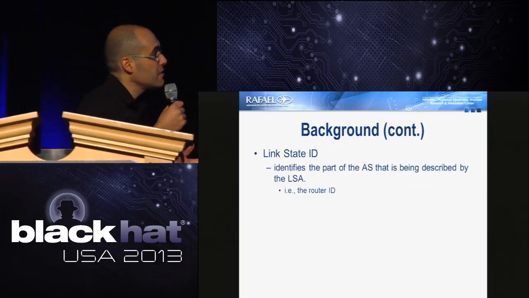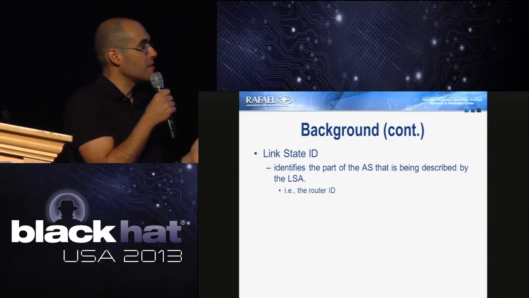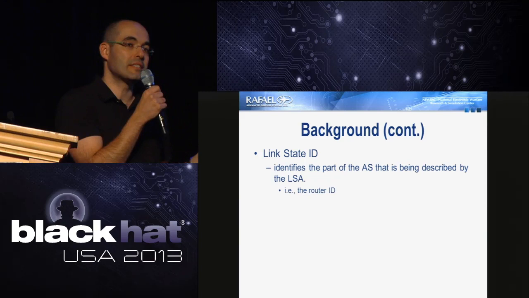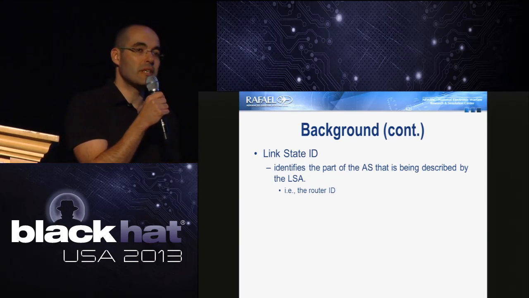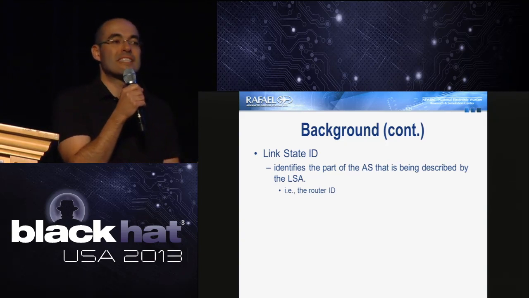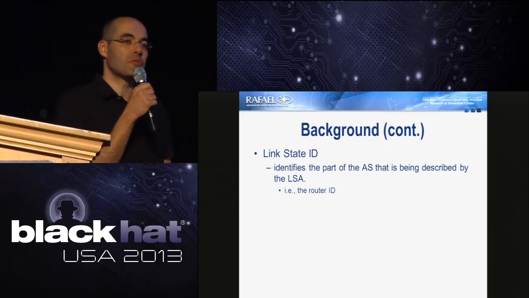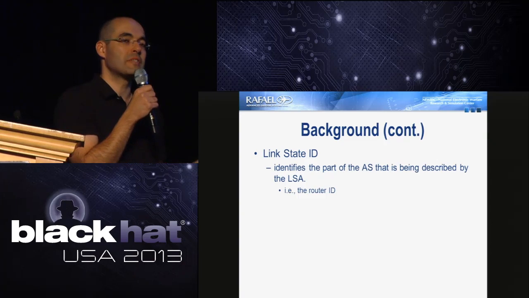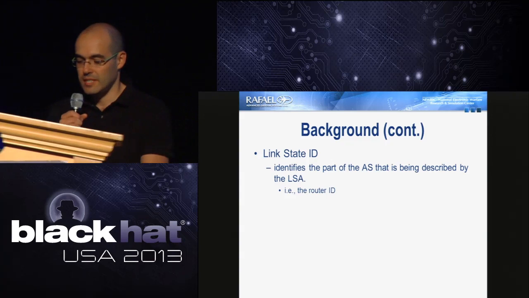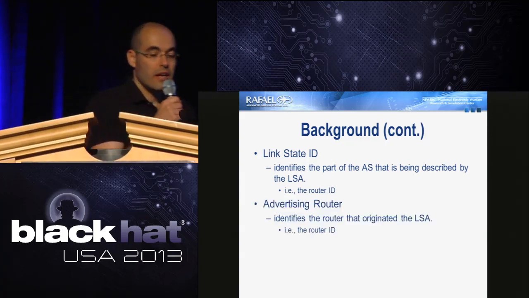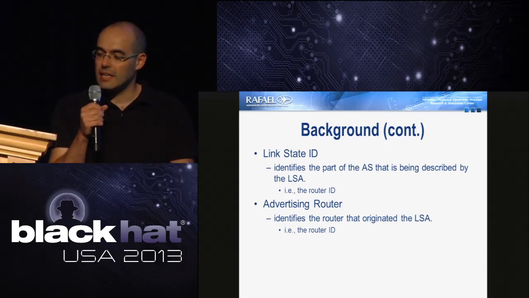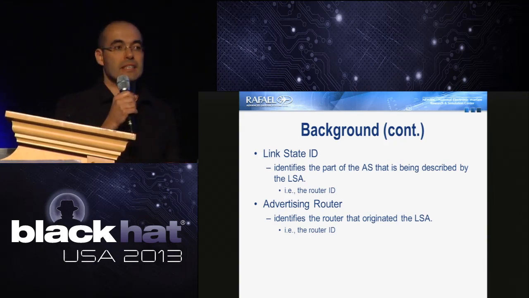A link state ID actually identifies the part of the autonomous system that is being described by the LSA. In the case of a router LSA, since the LSA describes the links of a given router, the link state ID would be the ID of that router. The ID of the router is simply an IP address of one of its interfaces. And the advertising router field identifies the router that originated the LSA.